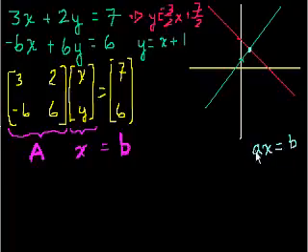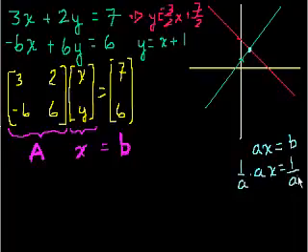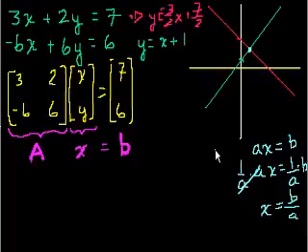Or another way of saying it, you would multiply both sides of this equation by the inverse of a. So you would essentially say 1 over a times ax is equal to 1 over a times b, and then these would cancel out, and you would get x is equal to b over a.